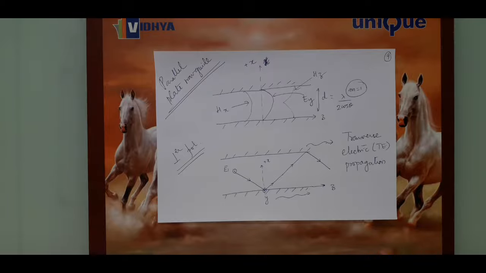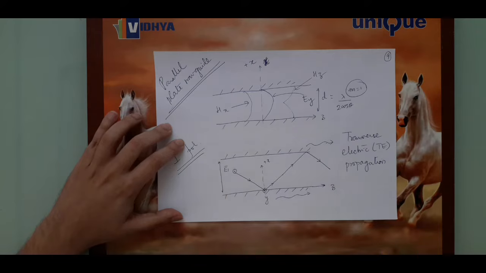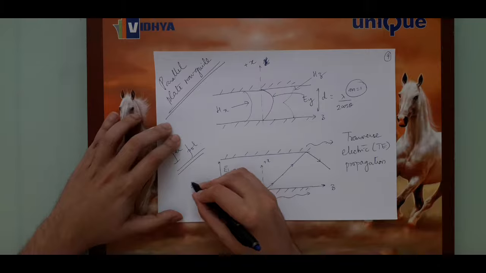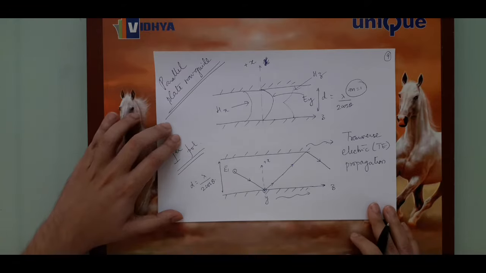Okay, so as we had proved, we had taken, let us say, m equals 1, for example. D is lambda by 2 cos theta.